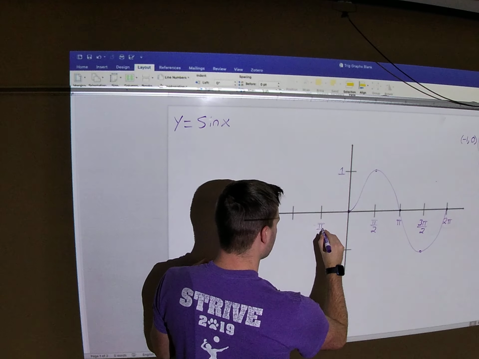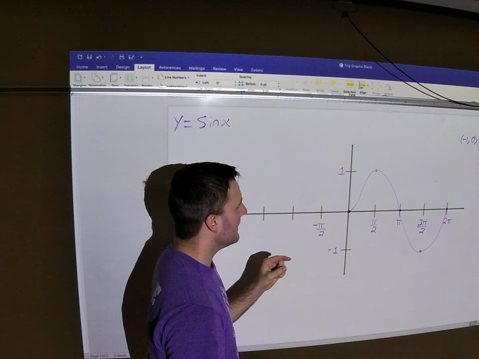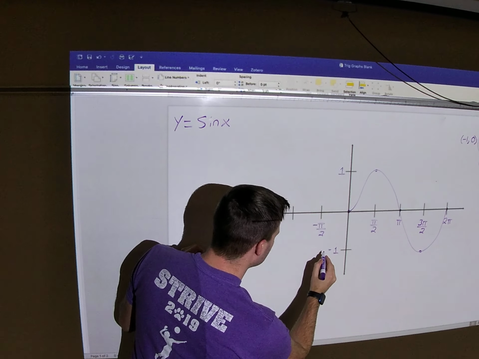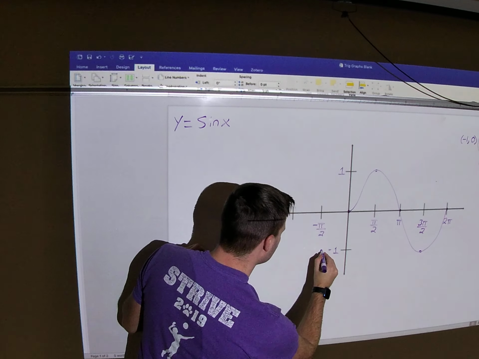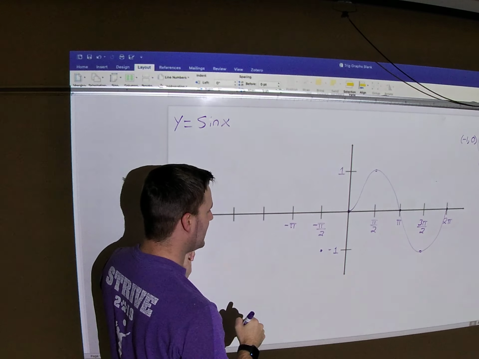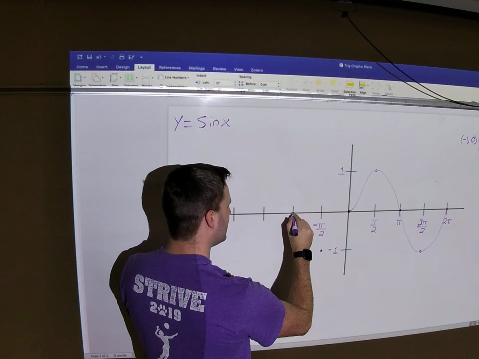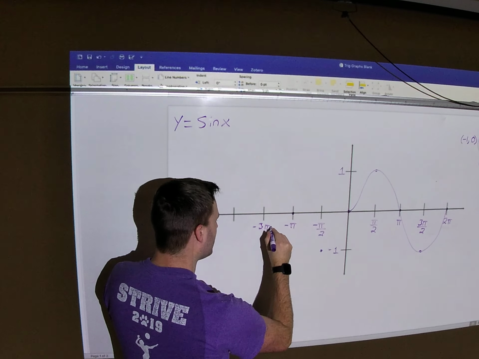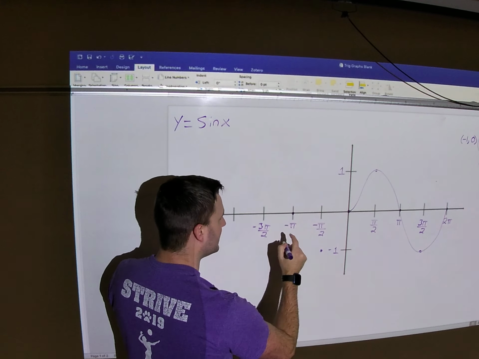So if I go -90 degrees, or a negative distance of pi over 2, so at negative pi over 2, we have a y value at -1. So this is going to be down here at -1. And then at negative pi, if I continue around to -180, we have a y value at 0. And then at -270, or -3 pi over 2, I have a y value at 1.